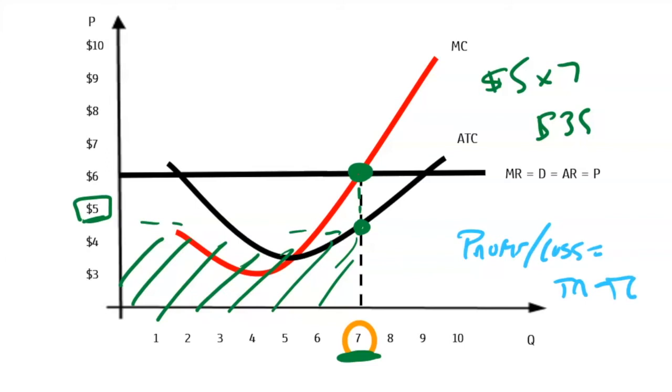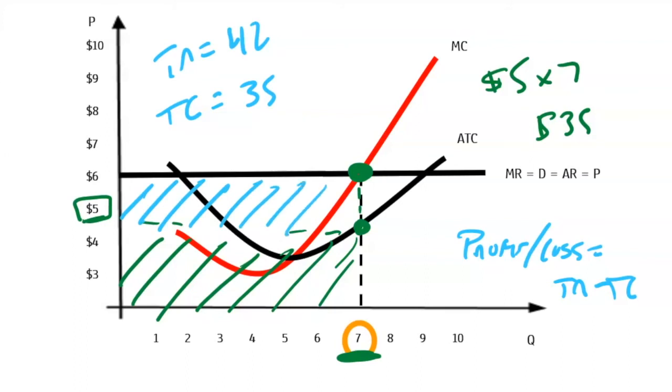Well, then that means if our total revenue equals $42 and our total cost equals $35, then the box shaded in blue here represents our profit. They have a profit of $7. In other words, it's the difference of the total revenue and the total cost box.